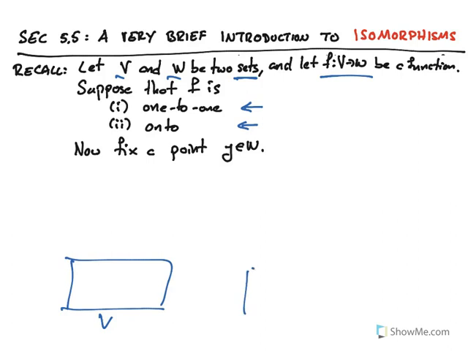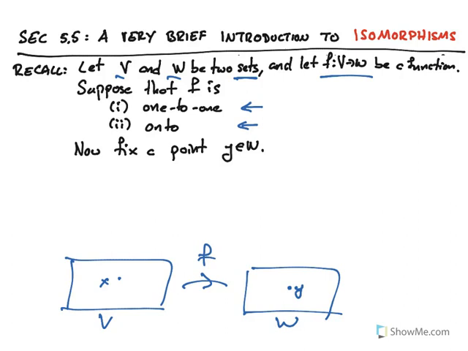You have V, you have W, and then you have the map F. One-to-one means that every point y is the image of just one point x in V. That's what one-to-one means. And onto means that every point y in W is the image of something.